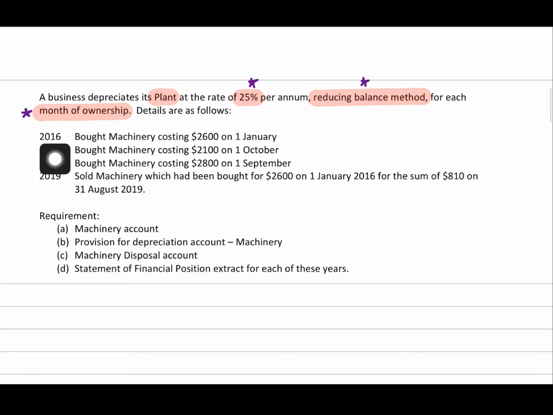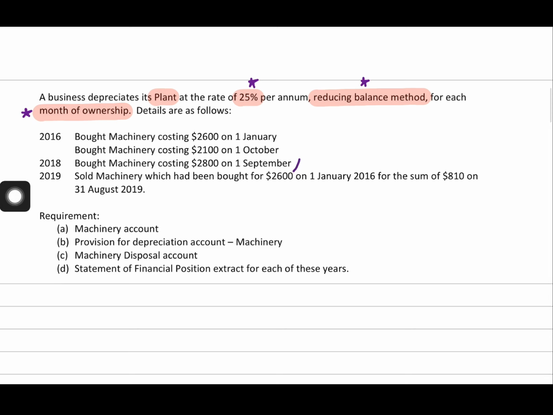Okay, so the business purchased a machinery costing 2600 on 1st of January in 2016, then in the same year on 1st October, then no purchases in 2017, another purchase in 2018 amounting to 2800 on 1st of September, and then what is happening in 2019, sold machinery which had been bought for 2600, right?